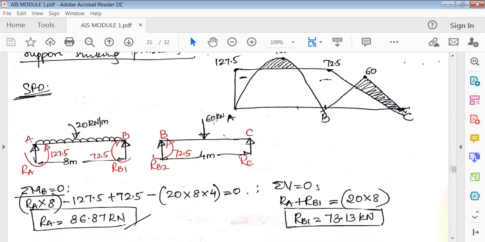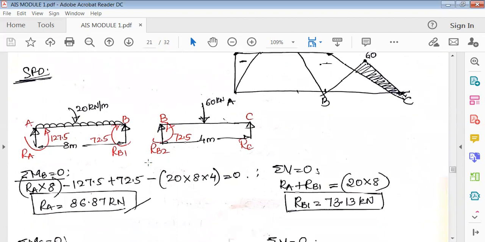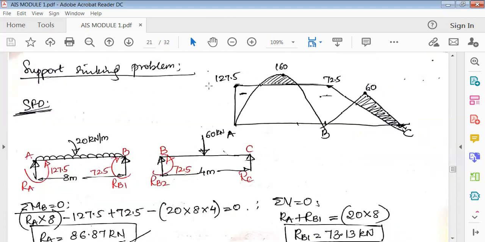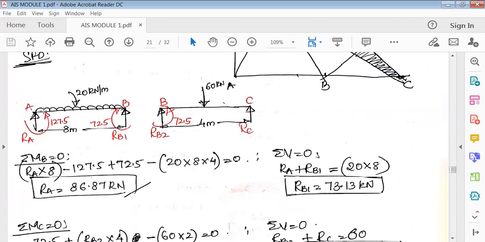Next, they have asked us to draw the shear force diagram also. Because they have asked to draw the shear force diagram, everything would be the same. Again, split the sections accordingly, the support sections, that is first AB and BC. When you substitute AB, we have got here 127.5, so it is reaction 127.5, 72.5.